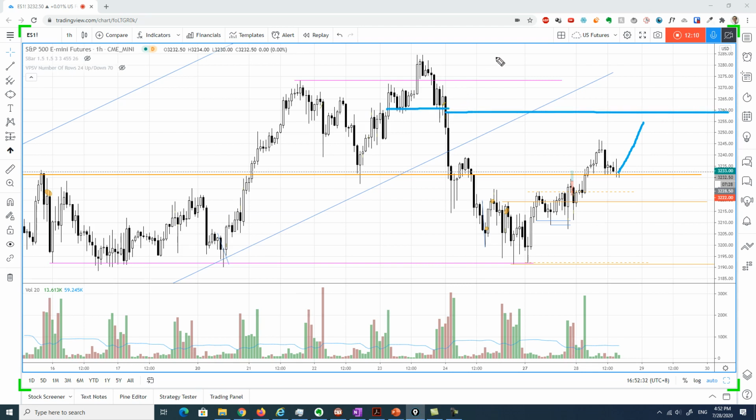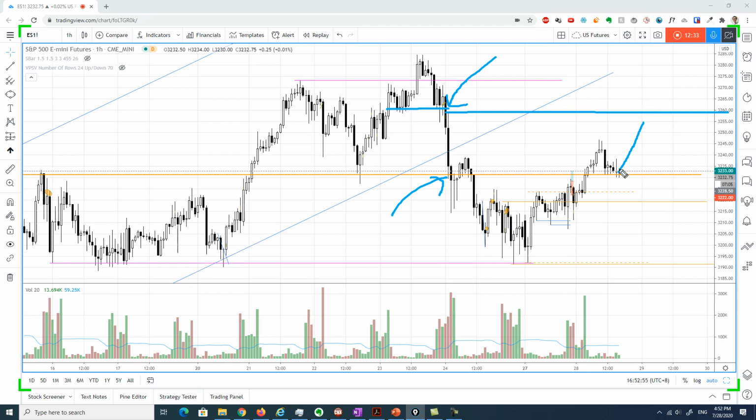You can see that this is where the sell down begins. This is the bar from the 3260 level to around the 3230 level. So I would like to see a test near the high of the bar around 3260, and then we will see how the price reacts from that level.